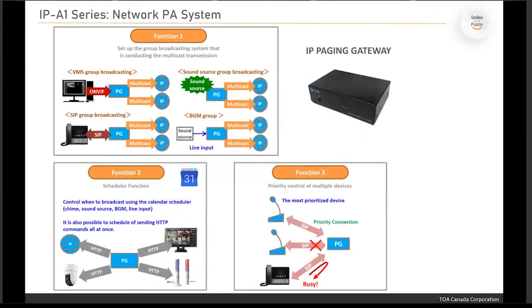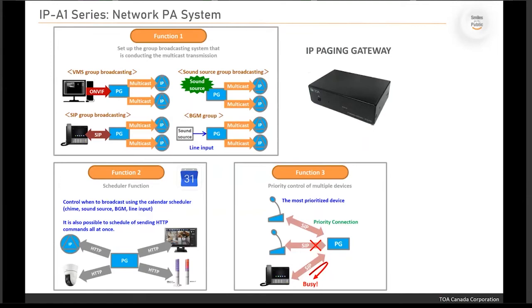Now, the IP paging gateway has a different set of functionalities. It has mainly 3 functions. The first one is converting the incoming signal into multicast. So if we connect the paging gateway to a VMS, we can convert the ONVIF signal into multicast. The same if we connect the paging gateway to a SIP phone or a SIP server, we can convert the SIP to multicast.